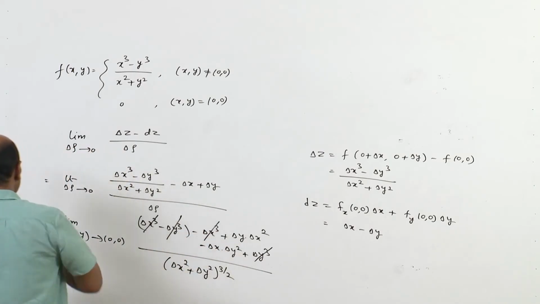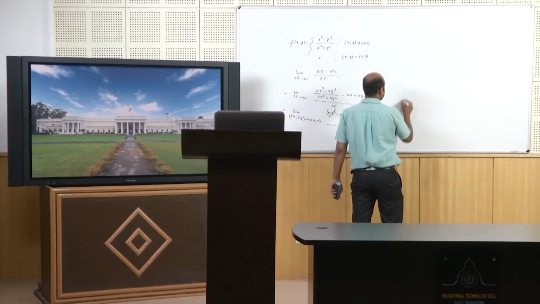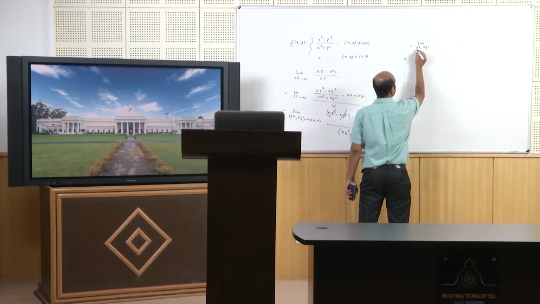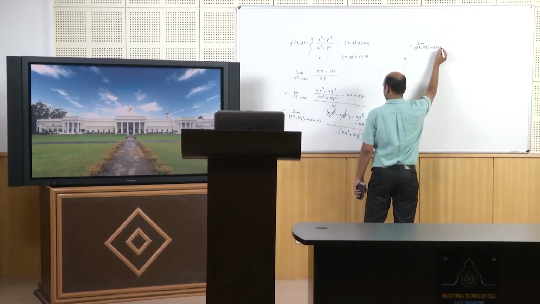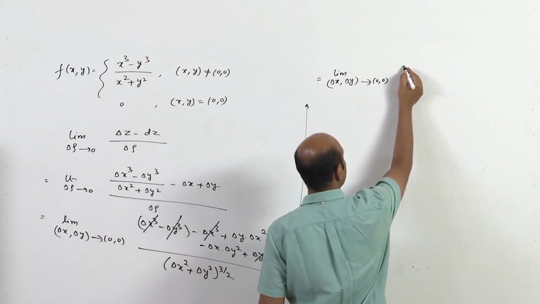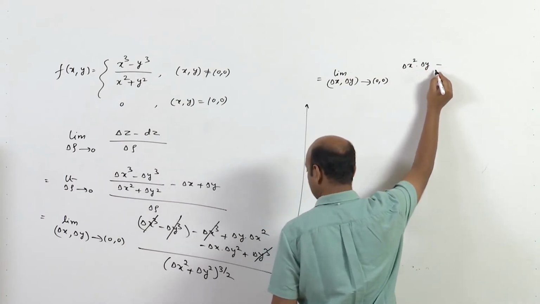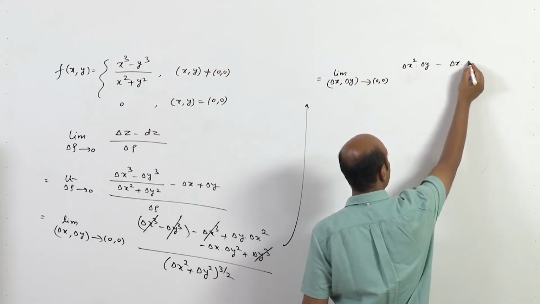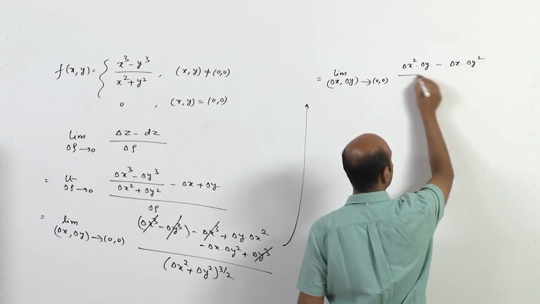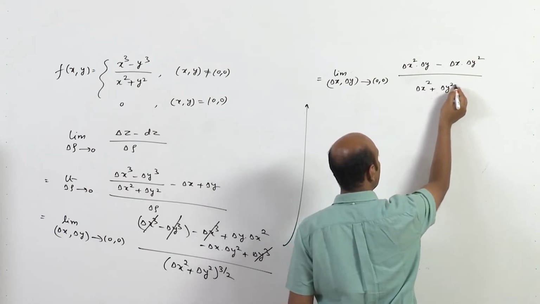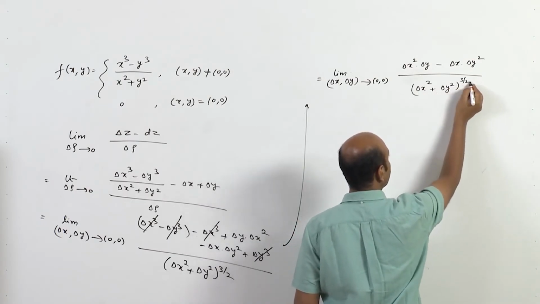Now, some terms are cancelled. So, we are having this expression equal to limit (delta x, delta y) tending to (0, 0) of delta x square into delta y minus delta x into delta y square upon delta x square plus delta y square whole raised to power 3 by 2.